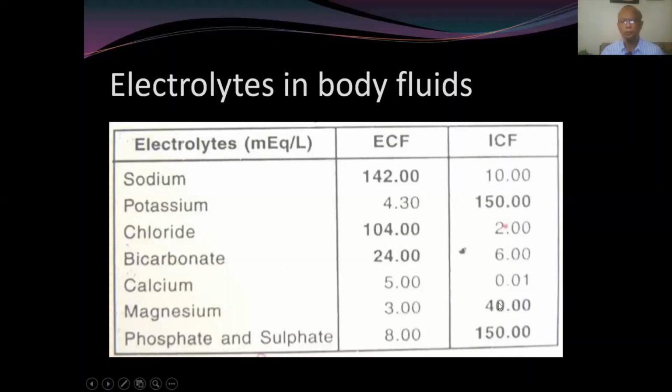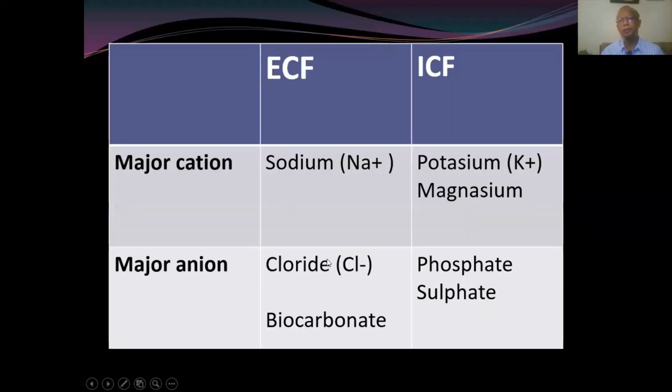So you have to know whether these electrolytes are mainly in the intracellular fluid or extracellular fluid. In the extracellular fluid, the major cation is sodium, and in the intracellular fluid, the major cations are potassium and magnesium.